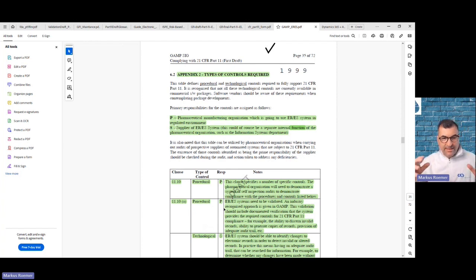So we have taken every single clause and defined the type of control. And now it's a shared responsibility. Part 11 compliance is a shared responsibility between the contract giver, for example, the pharmaceutical company or the medical device company producing that, and the contract acceptor, the supplier of the system. Maybe it's a single system, an application, something like this.